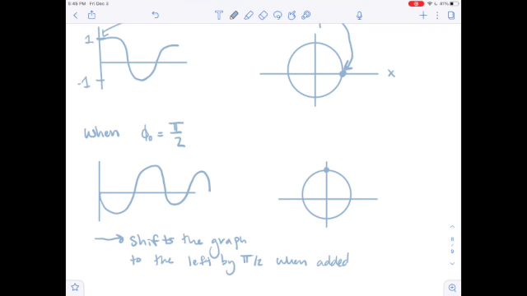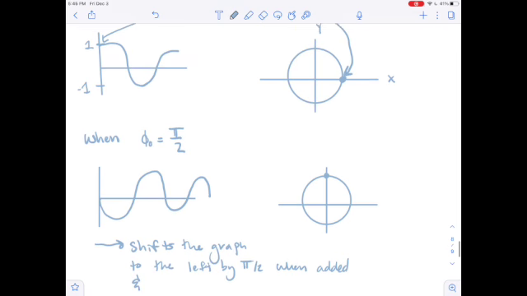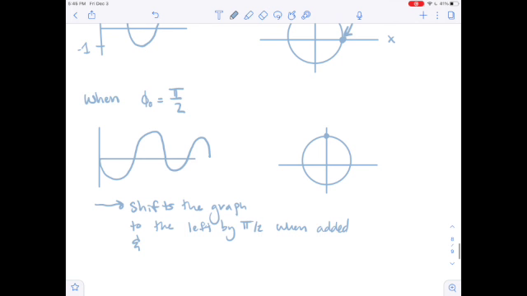It will start to increase until it hits 270 degrees, and that's when the x value would come back again at 0. We can also say that the phase constant shifts the graph to the left when pi over 2 is added, and the phase constant would shift the graph to the right when it is subtracted.